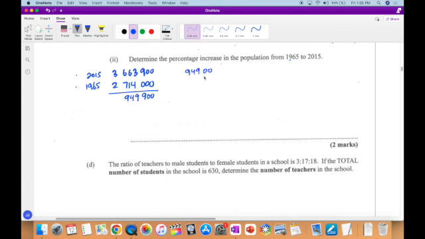These numbers you have to be real careful with, and put them over the original 2,714,000. Multiply that by 100 over 1, and we will get about 35%.